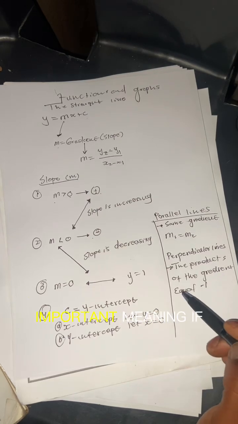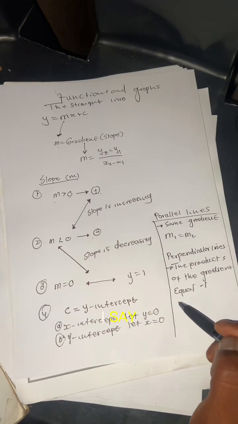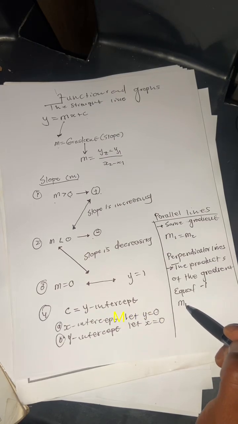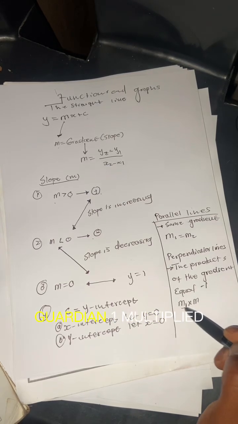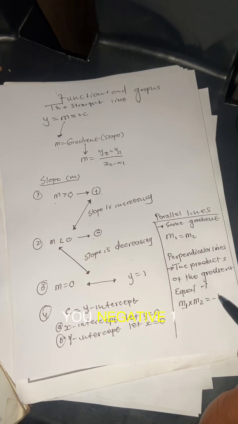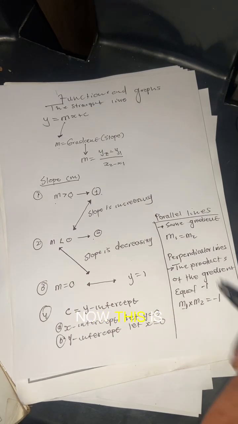So if I say m1 multiplied by m2, gradient 1 multiplied by gradient number 2, they must give you negative 1, my people. This is how you do it.